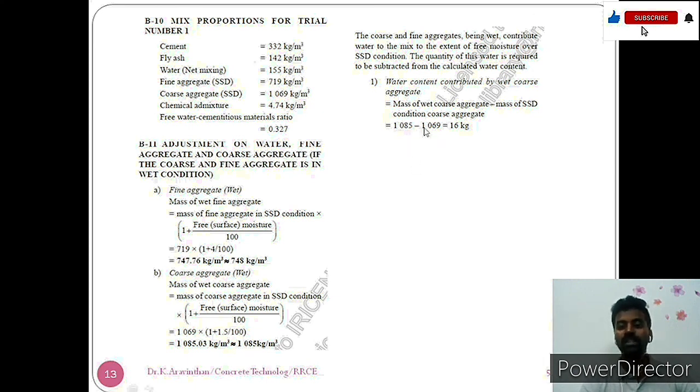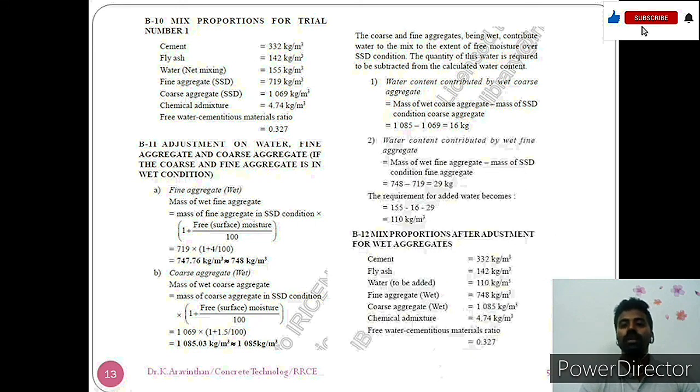So the difference is 16 kg. Also, the water content contributed by the wet fine aggregate is, you got the value of 748, and the SSD condition here is 719. If you find the difference, you are getting 29. So 16 plus 29 is the water has to be reduced from the total water content.